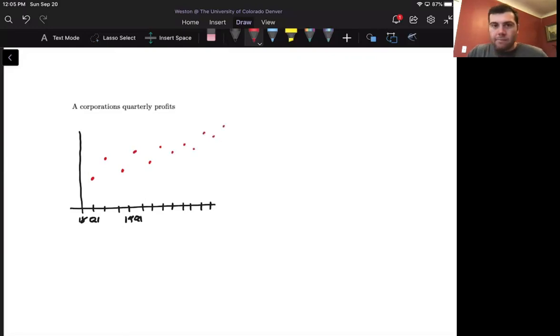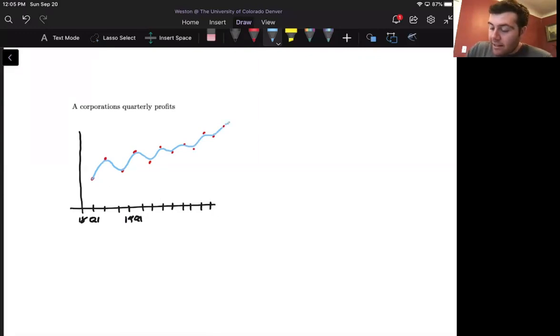where maybe they're selling a seasonal object. So sometimes they make more money, sometimes they make less. We would use an interpolation to kind of connect these dots. So something like this, to understand how they're changing over time.